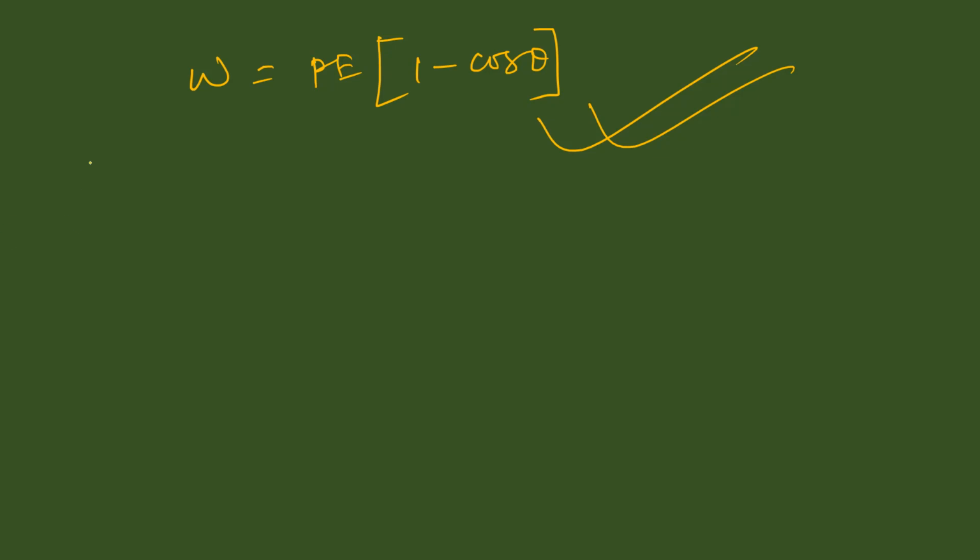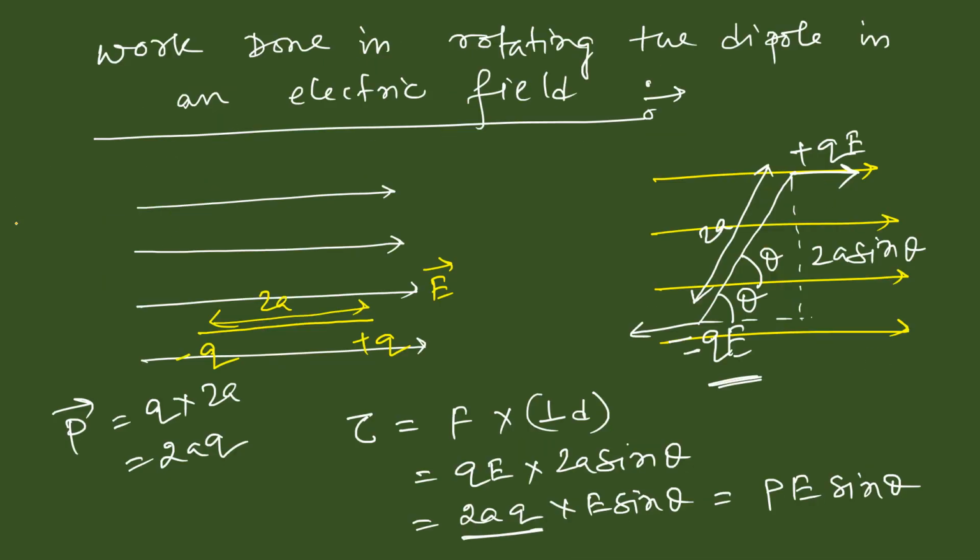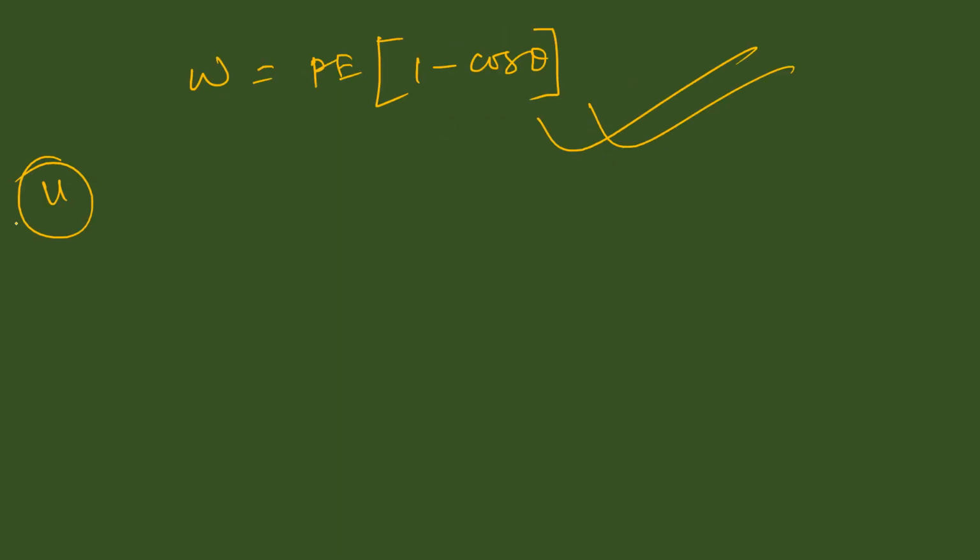Now for the second condition, you can give the first condition a heading: initially the dipole was in equilibrium position and we rotated the dipole through an angle theta. For this condition the derivation gives W equals pE(1 minus cos theta).